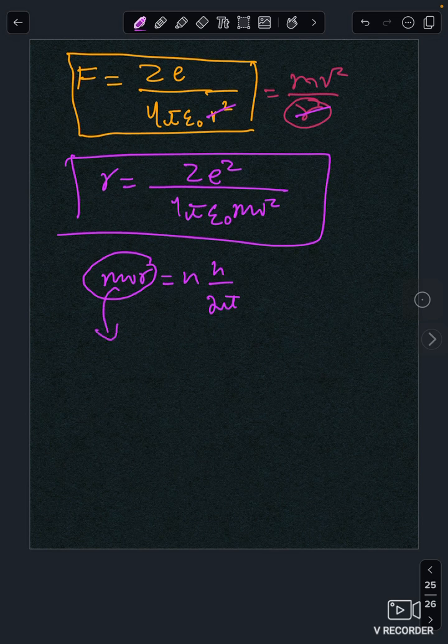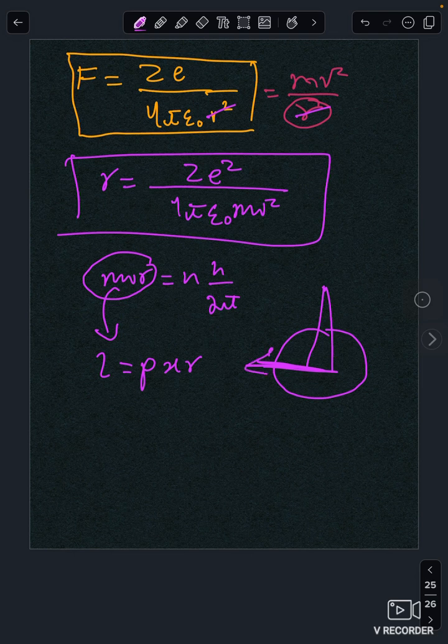This is another way of saying angular momentum L equals momentum times distance, and the momentum is in this direction, mv. Where n is a positive integer, and you have noticed that we are using n because here the law that energy is discrete comes in, Planck's law. We are talking about energy and we know energy is discrete, so n will be there to show that energy is discrete.